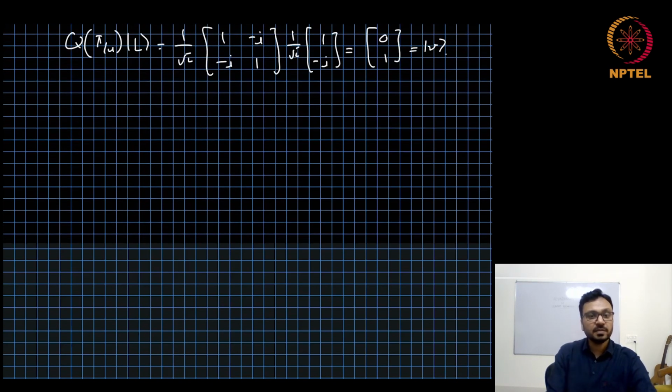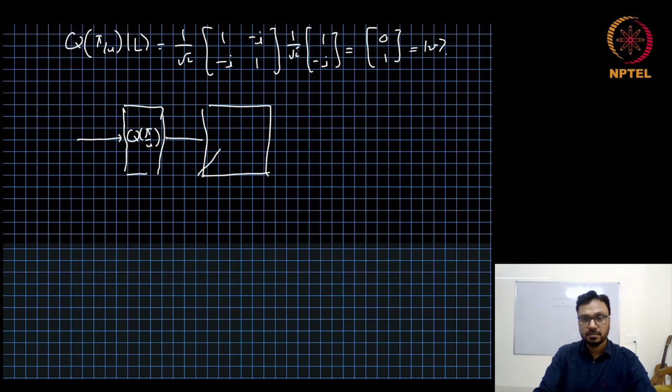So similar to sigma x, our setup will look like the following. We have the states coming, then we have a quarter wave plate rotated by pi by 4, followed by a polarizing beam splitter, and detectors.